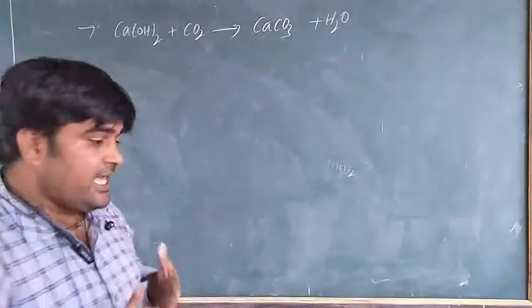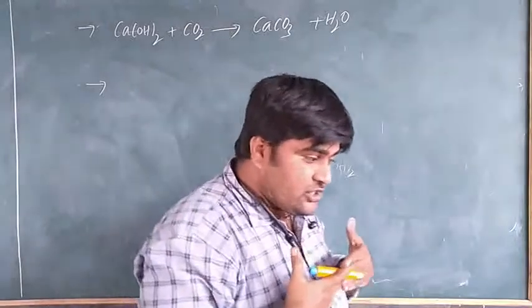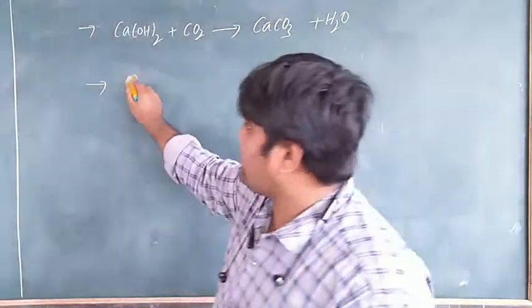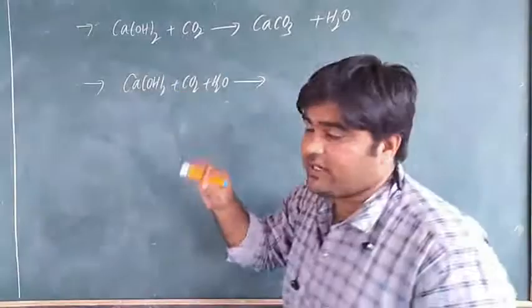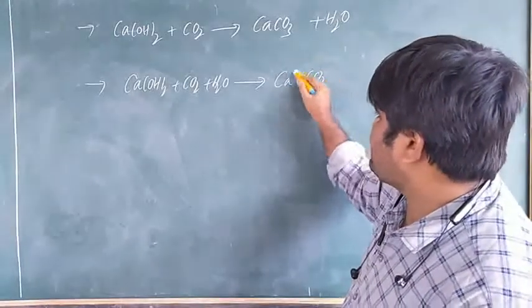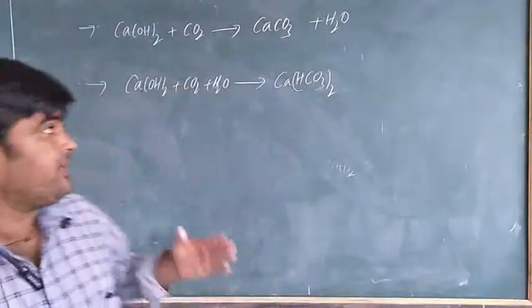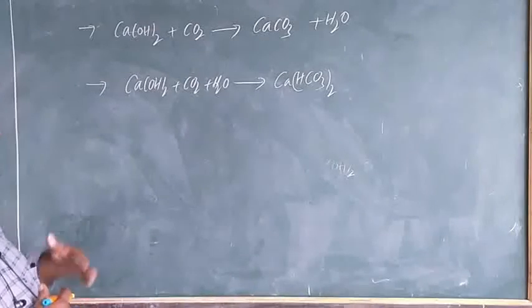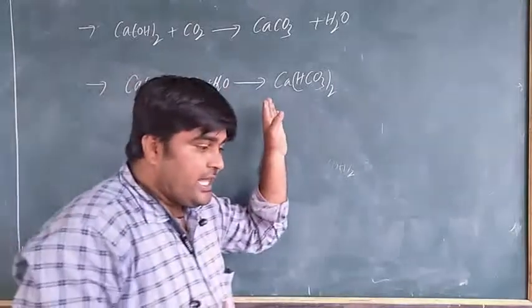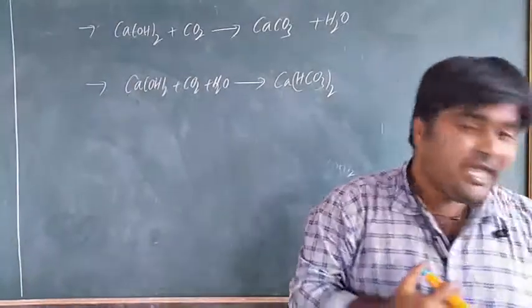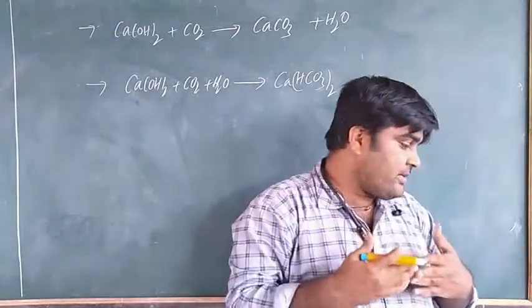Excess carbon dioxide passed through the calcium hydroxide solution forms calcium bicarbonate. Is it clear?